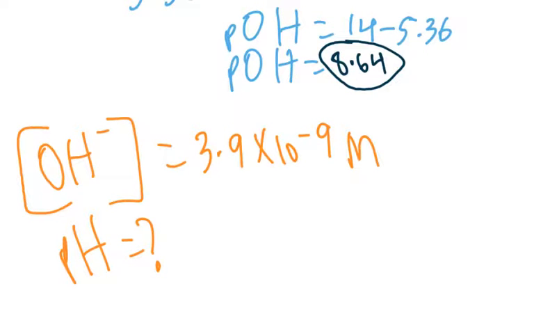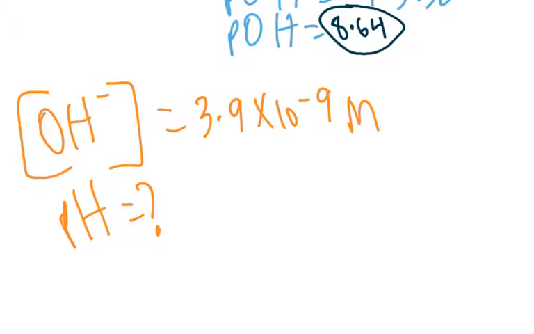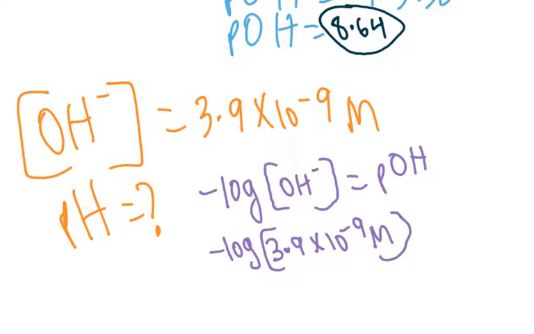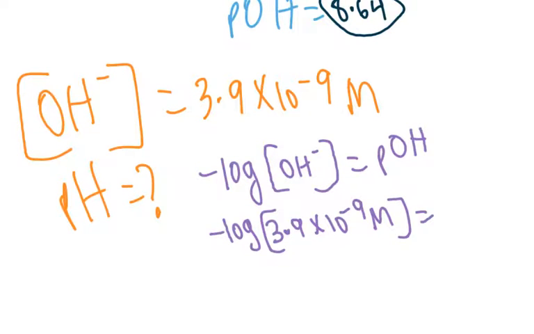Here we do the same thing, so let's start. The negative log of the OH concentration is equal to the pOH of the solution. So the negative log of 3.9 times 10 to the negative 9th molarity, or moles over liters, is equal to about 8.41.